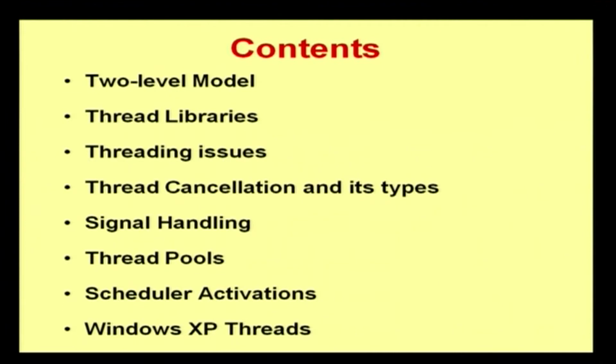Now in the two-level model, you have seen the many-to-many multi-threading model. What is a many-to-many model? In the many-to-many model, many user threads are mapped to many different threads that are available in the kernel. Then what is a two-level model?